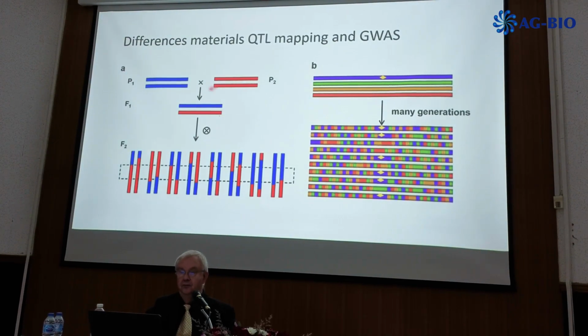I mentioned that for the QTL mapping algorithms, we can use F2 or we can use the RILs and the NILs, in which we compare different genotypes with the effects and look for the effect of QTL. Not surprisingly, you will see it is a powerful method. It is not very accurate.